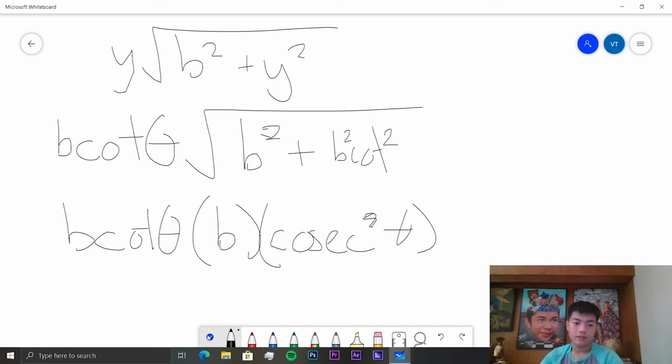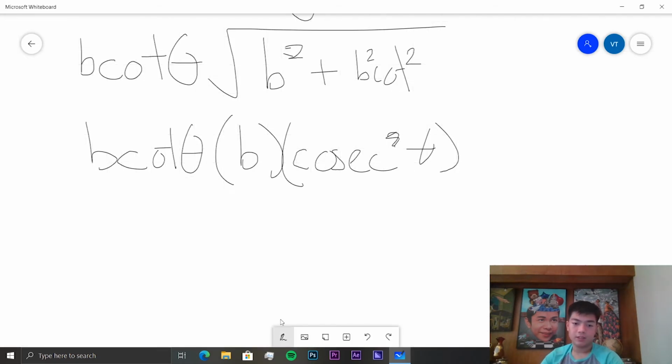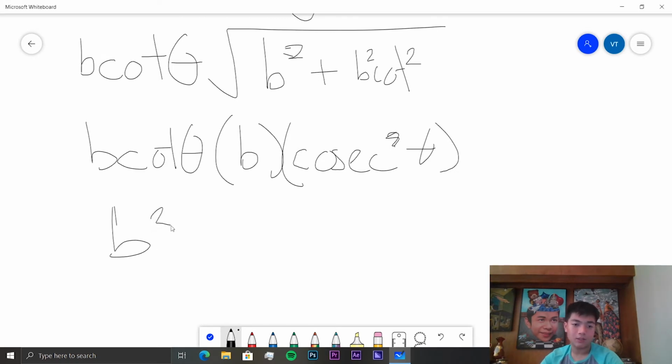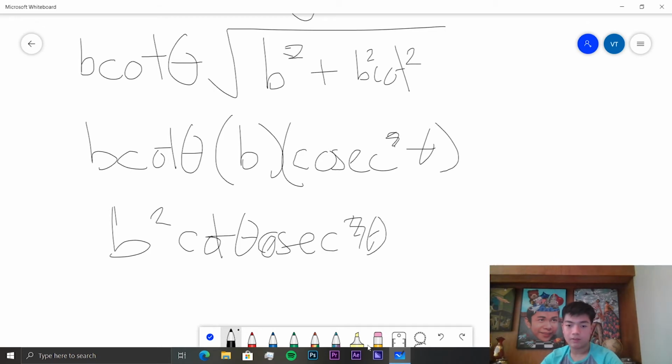This is 1 over tangent times 1 over sine, and I guess we can't really simplify that one. So it's b squared cotangent theta cosecant theta, not squared, just that.